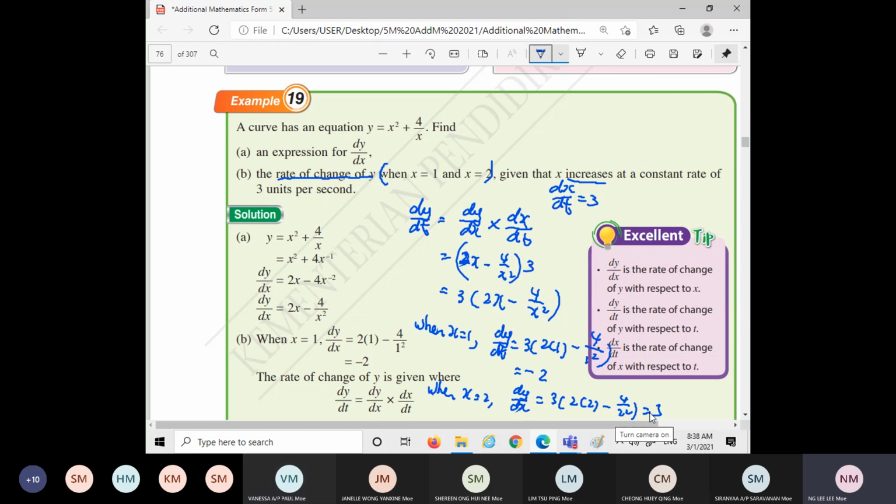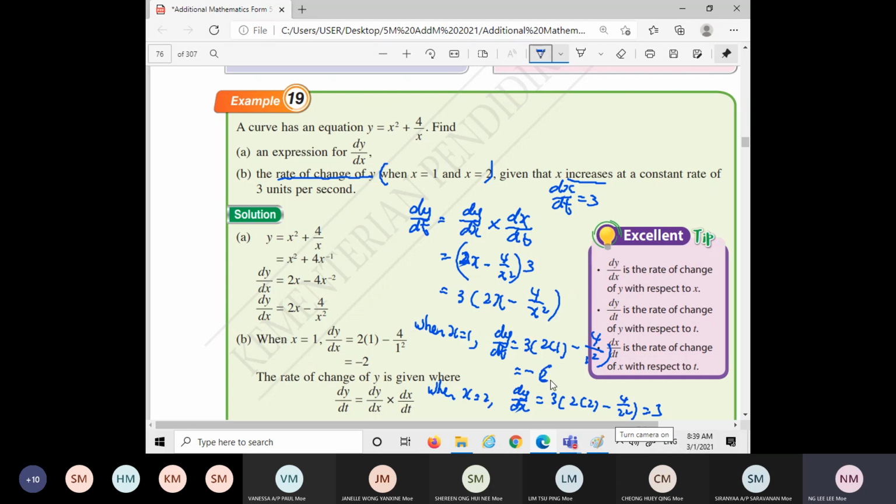Teacher, so dy/dx when x equals 1 is not -6? When x equals 1, -6? I see the textbook is -2. Yes, why don't they have the 3? -6, correct.